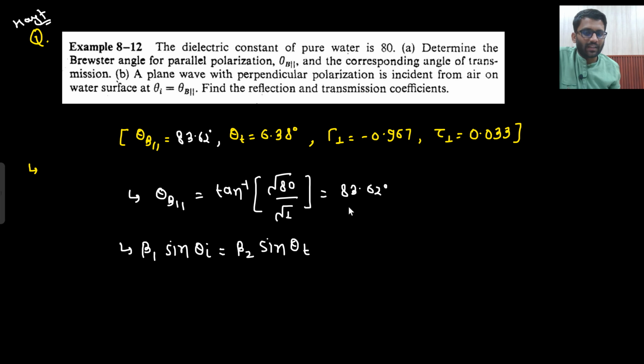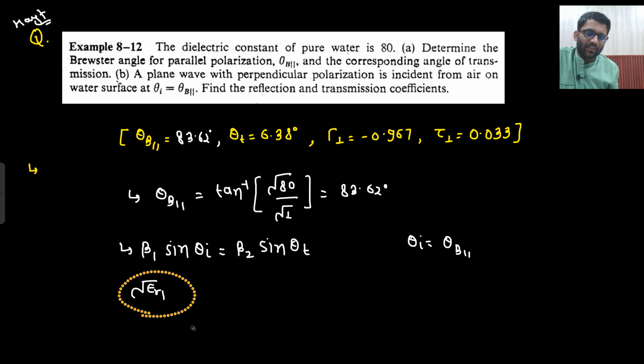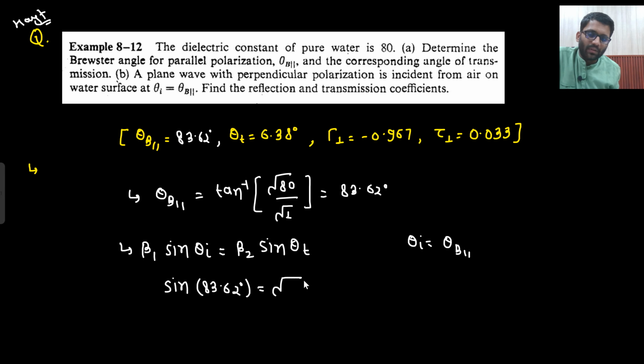The angle of incidence is the Brewster angle, so theta i is equal to theta b parallel. Beta 1 is proportional to root epsilon r1, and root epsilon r1 is equal to 1. So sin 83.62 degree is equal to root 80 sin theta t.